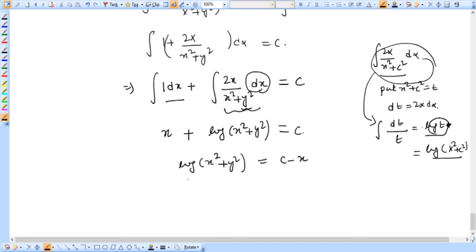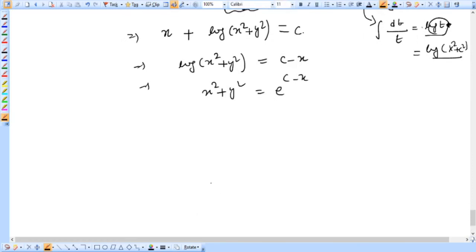Okay, taking exponential, x square plus y square is equal to exponential of c minus x. So therefore x square plus y square is equal to e power c into e power minus x.